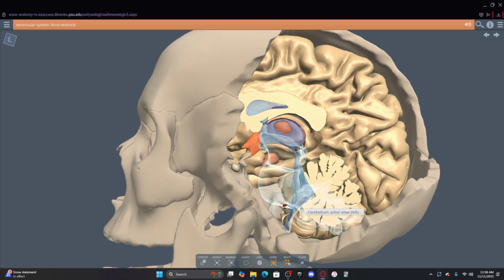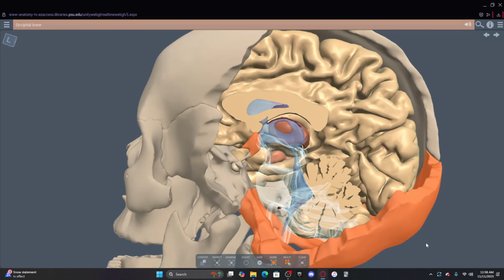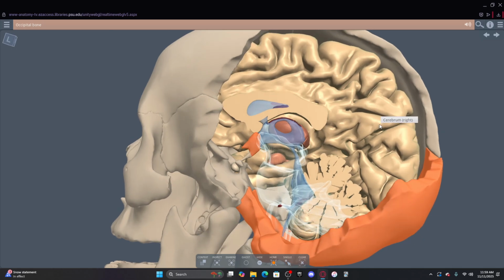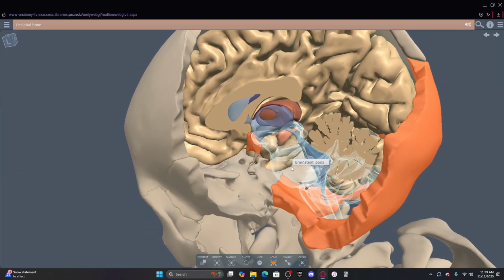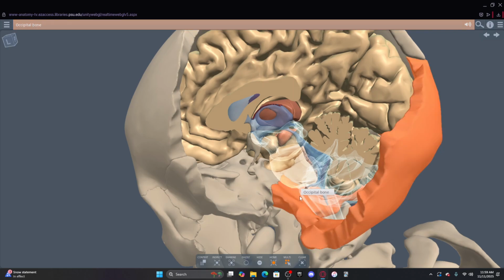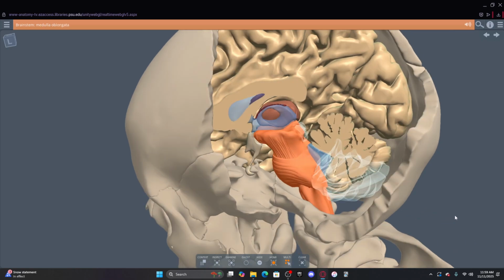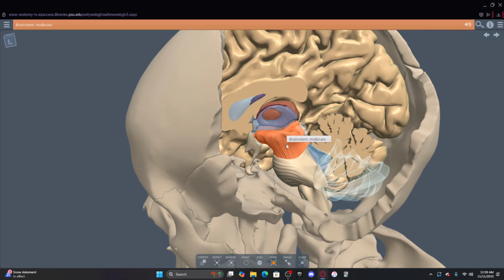And that's about it. Remember, we see our midbrain, our pons, medulla oblongata. So if we solidify that: midbrain, pons, medulla oblongata.